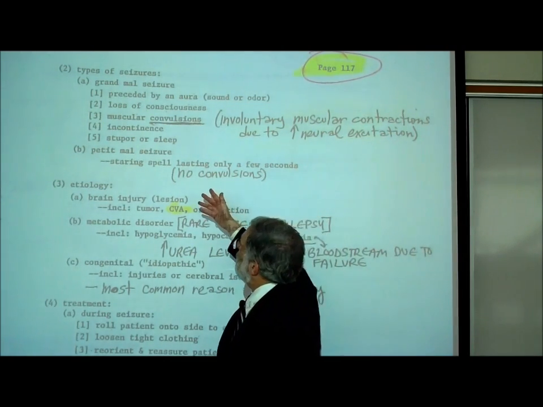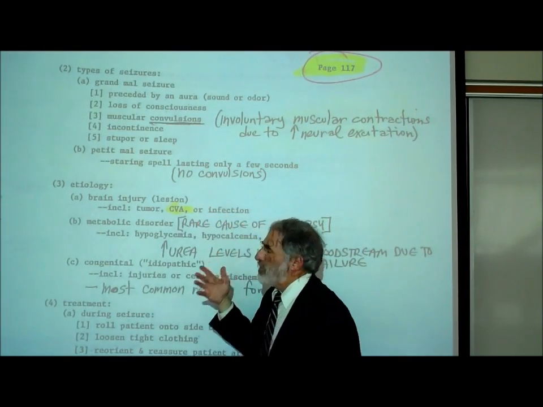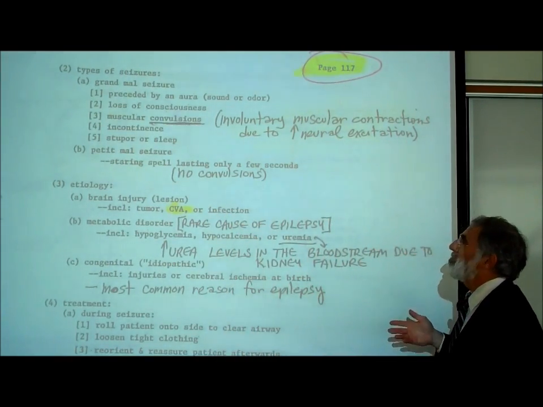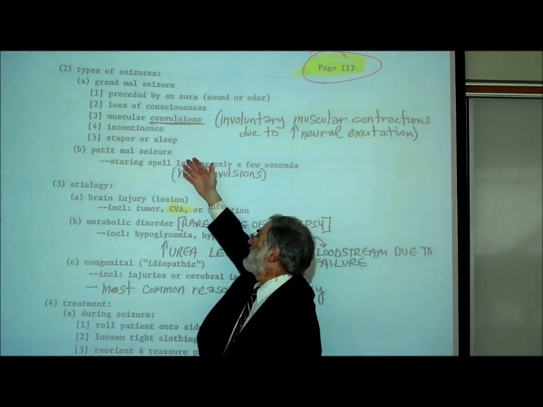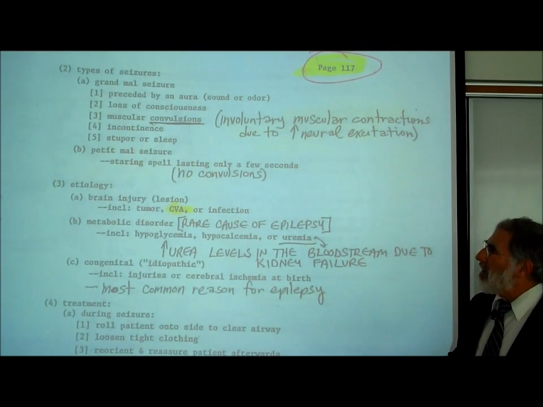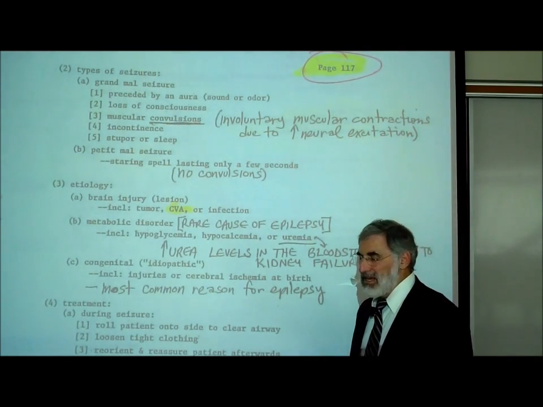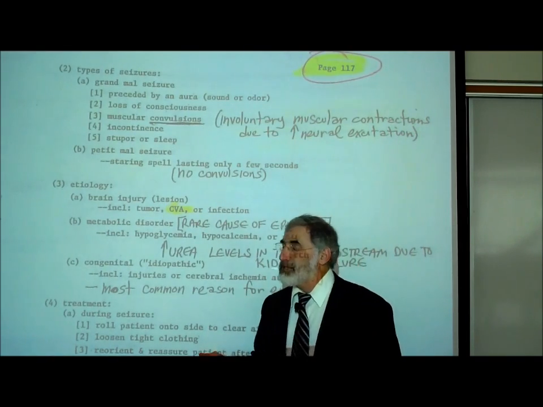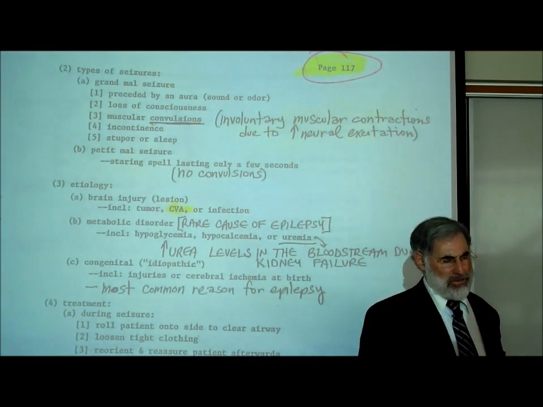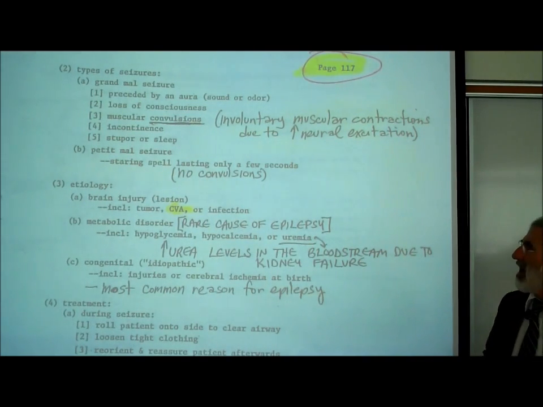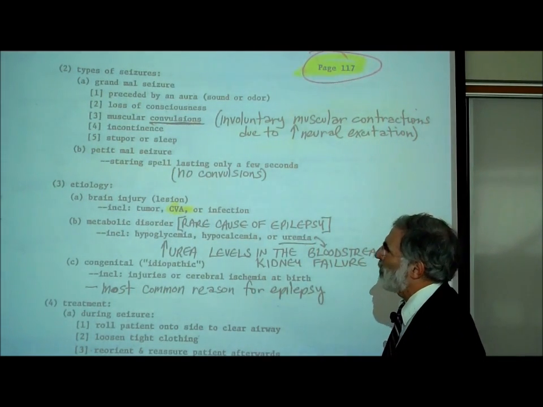In a grand mal seizure, the person will not only convulse, they may lose bladder control, resulting in incontinence. That's called incontinence. And following several minutes of this seizure and convulsions, the person may be either in a state of stupor or simply go to sleep and basically be quite disoriented.